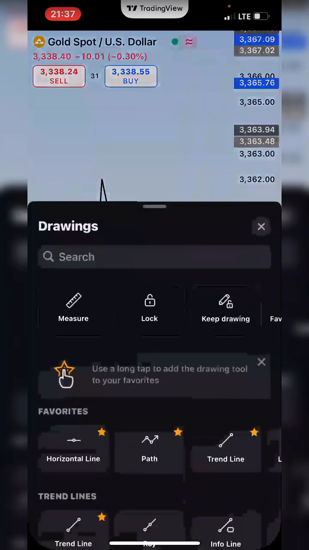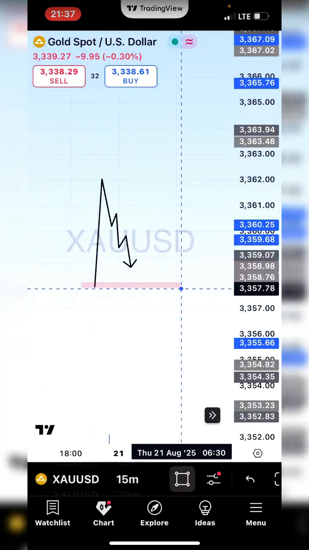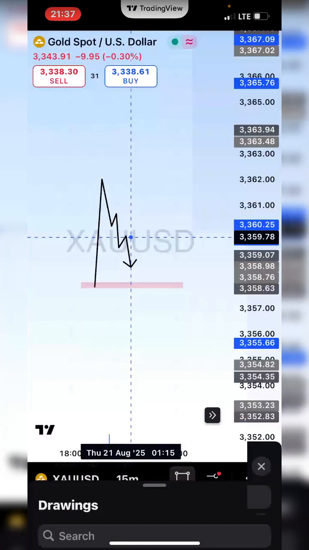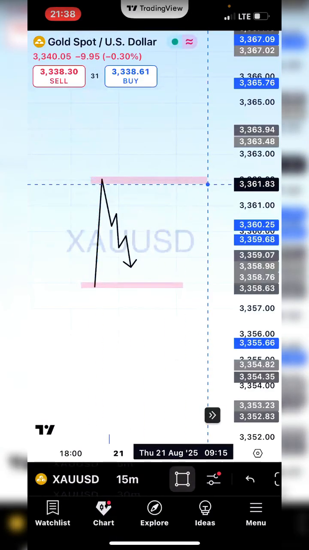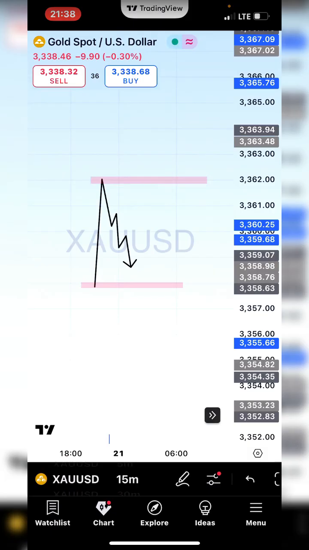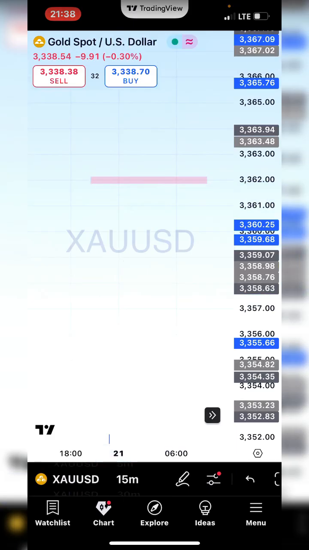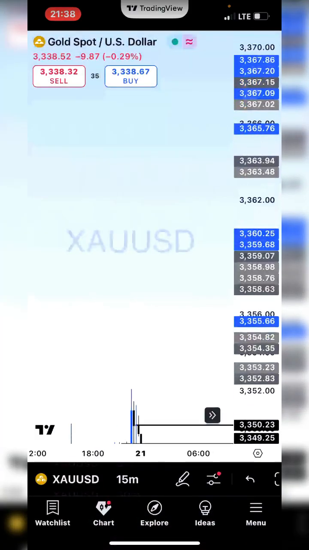So the low is a structure retest, and the high here is a structure retest. You guys understand? This is the first scenario. Let me draw a more complex diagram. Can you guys hear me? Yes, sir. Okay, drawing a more complex diagram.